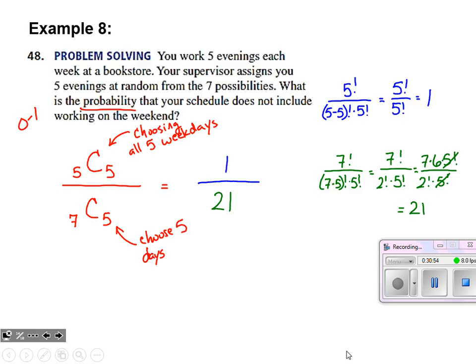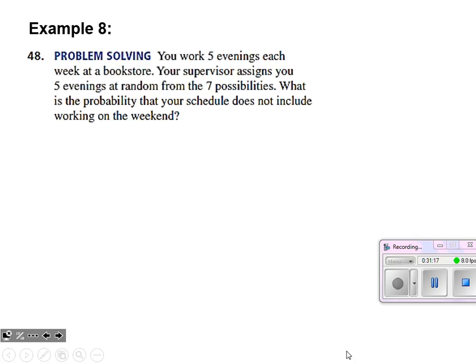So sadly for you as the employee, probability is pretty slim that you won't have to work on the weekend. 1/21 is our probability that we get that free weekend in our schedule. Okay, just did that one.